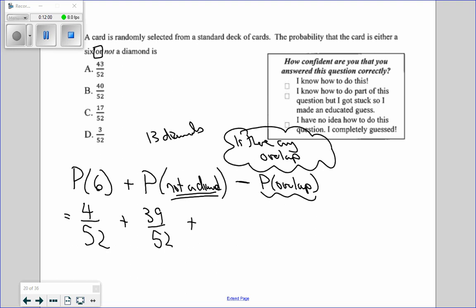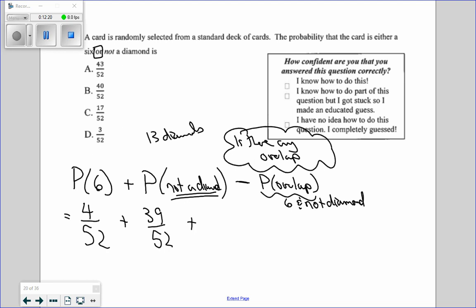Now, the overlap is 6 and not a diamond. So, how many cards are 6s that are also not diamond? Because you got a 6 of diamond, a 6 of hearts, a 6 of clubs, and a 6 of spades.